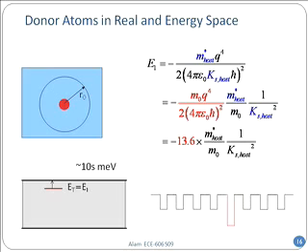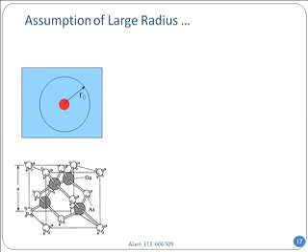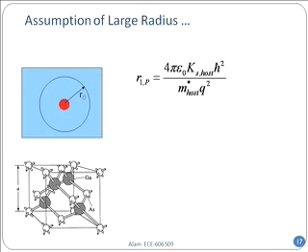Now I made another approximation, and that approximation is that the electron moves so far out that it encompasses a lot of silicon atoms, right? That's how I made the blue almost like a continuum, right? Is that true? Well, again, I can calculate.